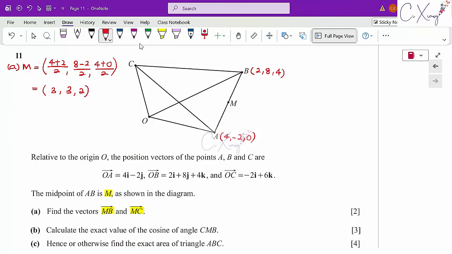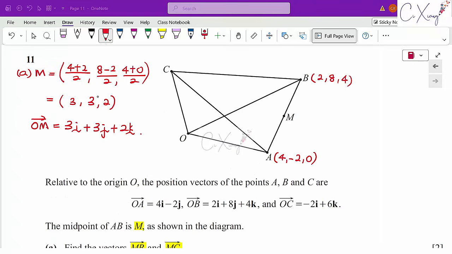Then after that, only then do you change it to the position vector. In my opinion, this is the easier way to find the position vector of a midpoint.